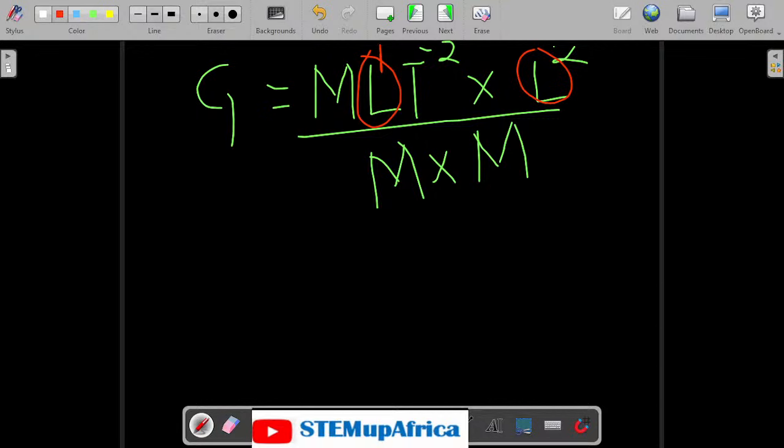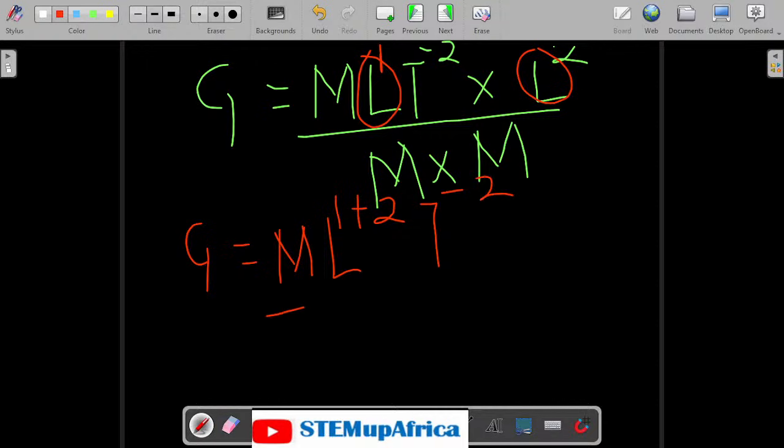Every object is raised to power 1. If I apply the law of indices to these two, my G will give me M L to the 1 plus 2, T to the minus 2, over M squared, which is M times M. And this M here is raised to power 1 also.